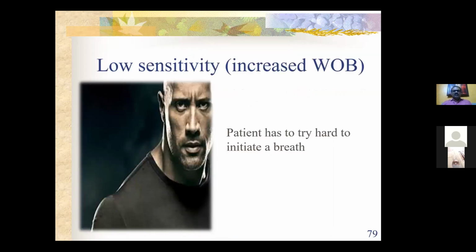Because if you set a low sensitivity, that the machine is not able to sense even a good effort, then the patient will have to take in a very good effort to trigger the ventilator. So there's a concept like trigger and sensitivity. Trigger sensitivity is basically when you set a higher trigger, the sensitivity will be very low.